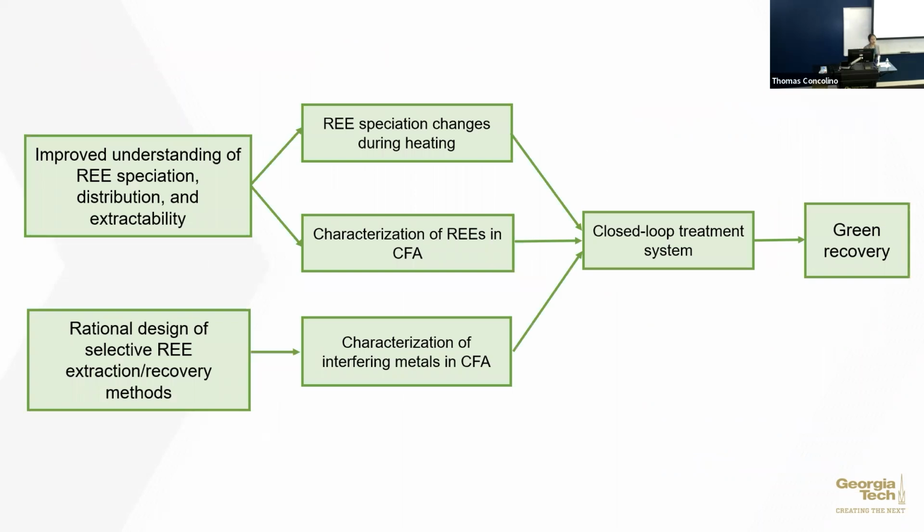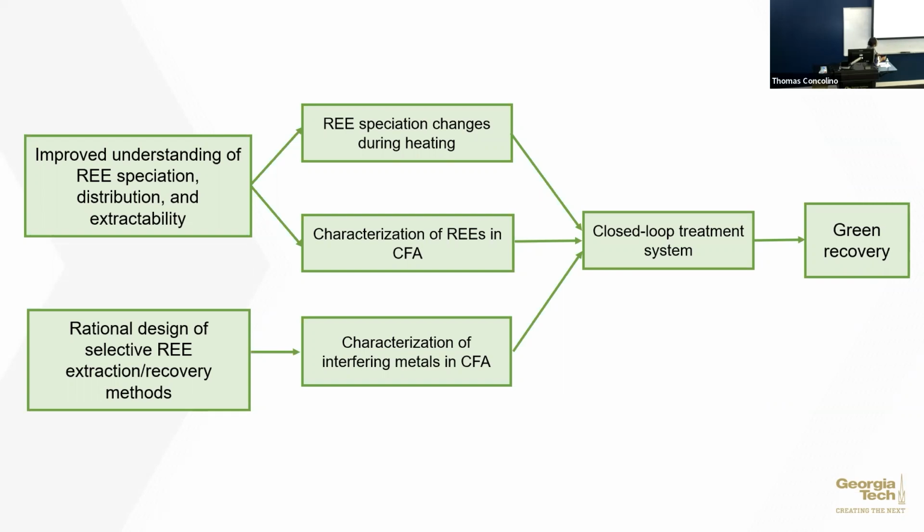So what we try to do is really, like I said, from the fundamental aspect, we try to understand REE speciation, distribution, and extractability in coal ash by characterizing the REE speciation change during the heating process, as well as the REE in coal ash themselves.